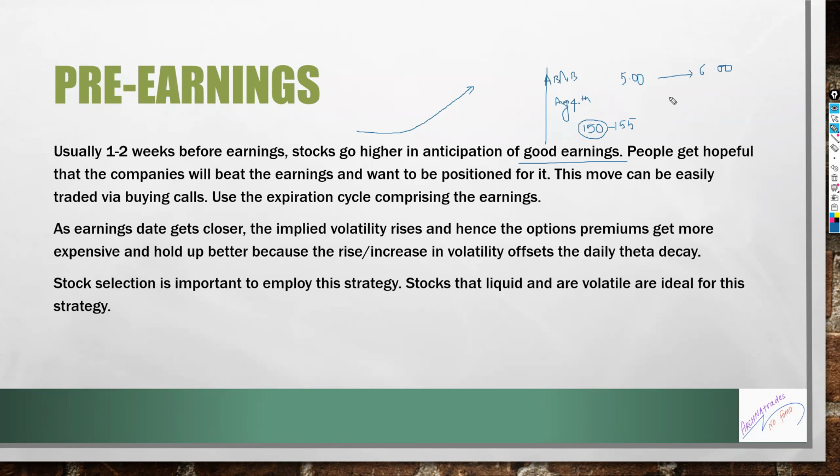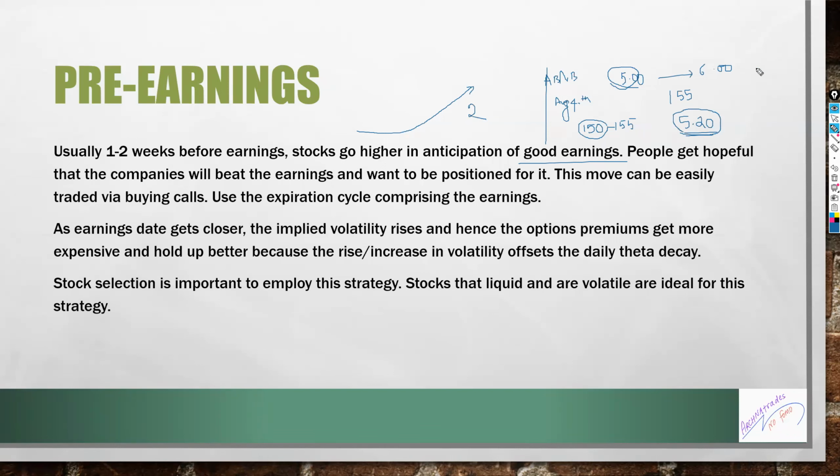So then what I would do, I would sell the 155 call against my 150, okay? And suppose I am able to sell the 155 call for $5.20, which means I paid $5 in the beginning. Now I'm getting $5.20 for it.